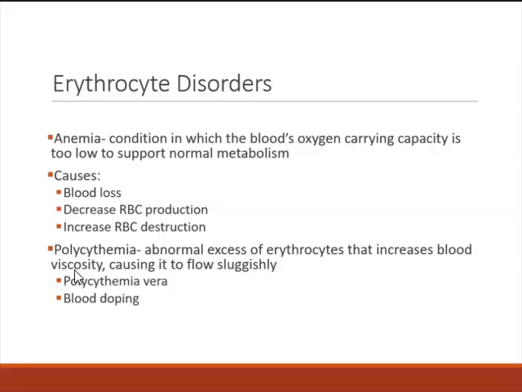And if we have an increase in red blood cells, it will cause the blood to flow sluggishly. It's sort of like engine oil. So if we have clean engine oil, you know, the car will run pretty well.